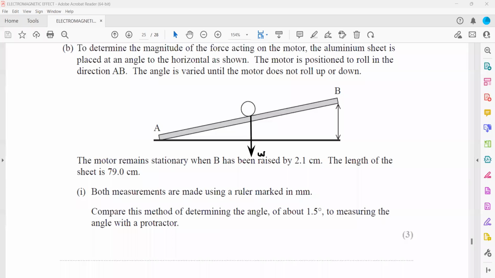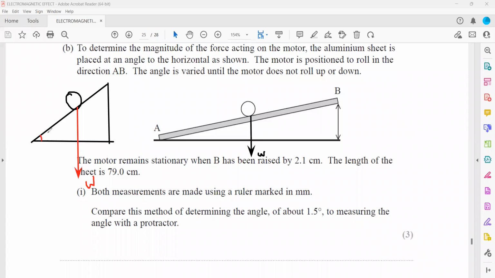And first we can work out the weight. This weight will have two components, W cos theta and W sin theta. Remember, whenever we have an object on an inclined surface, its weight is acting downward.